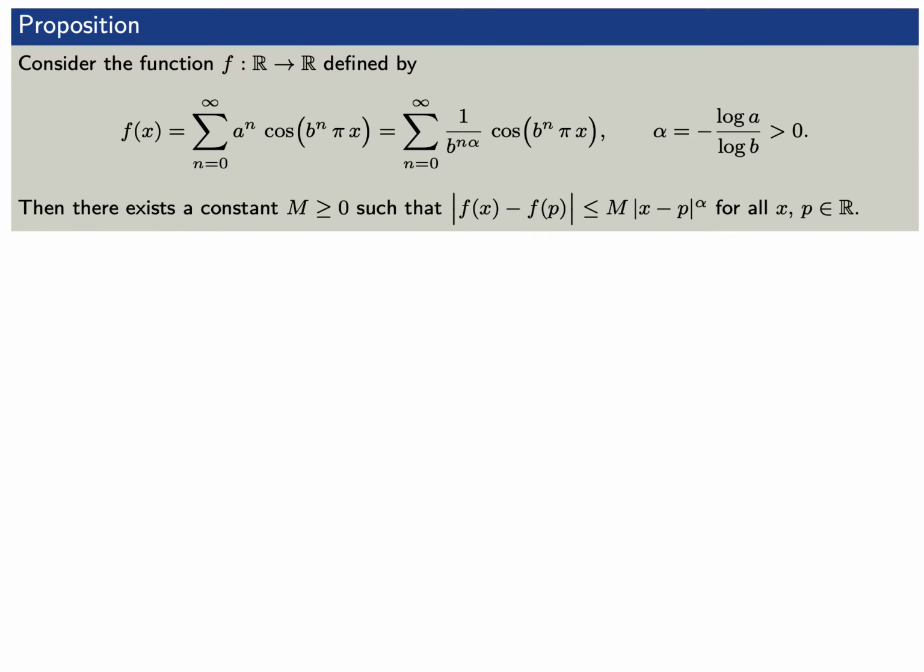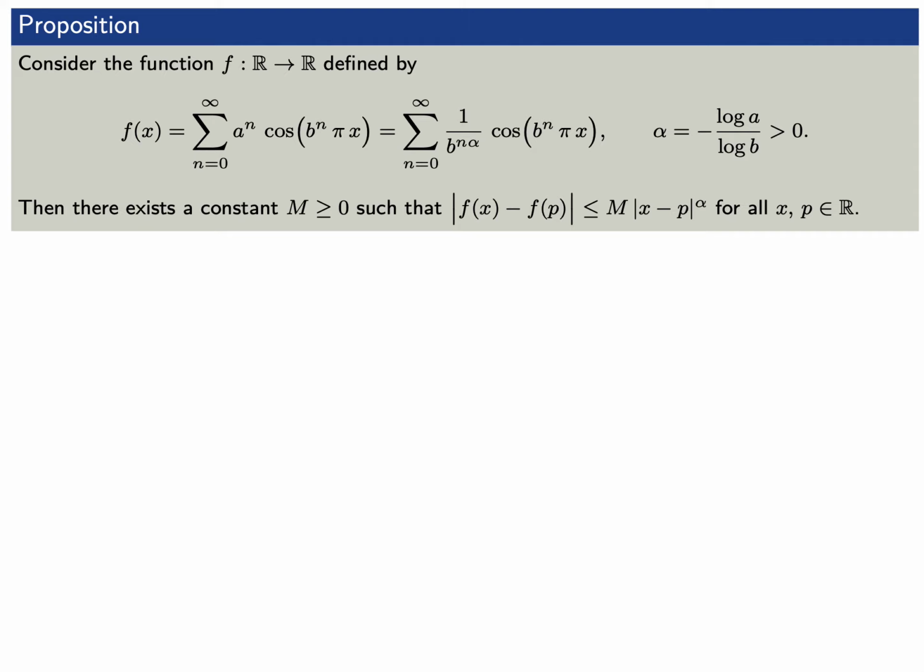Here's a proposition that will help explain a little bit more why Weierstrass's theorem is true. Let's consider the same function f as on the previous slide, but now let's note that we can write f of x as a sum as lowercase n goes from 0 to infinity of 1 over b to the n alpha times cosine of b to the n times pi times x.